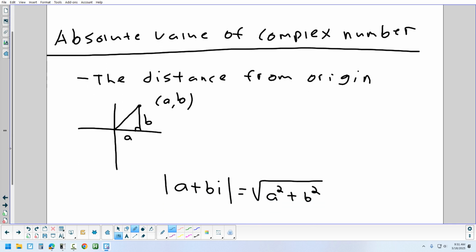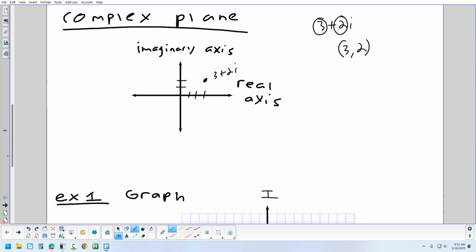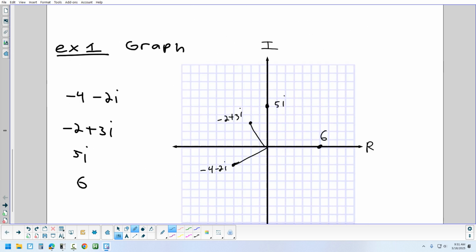All right. So why is that distance important? It's kind of like a hypotenuse, right? Well, when you're on a number line, what do you call the distance from 0? It's the absolute value.